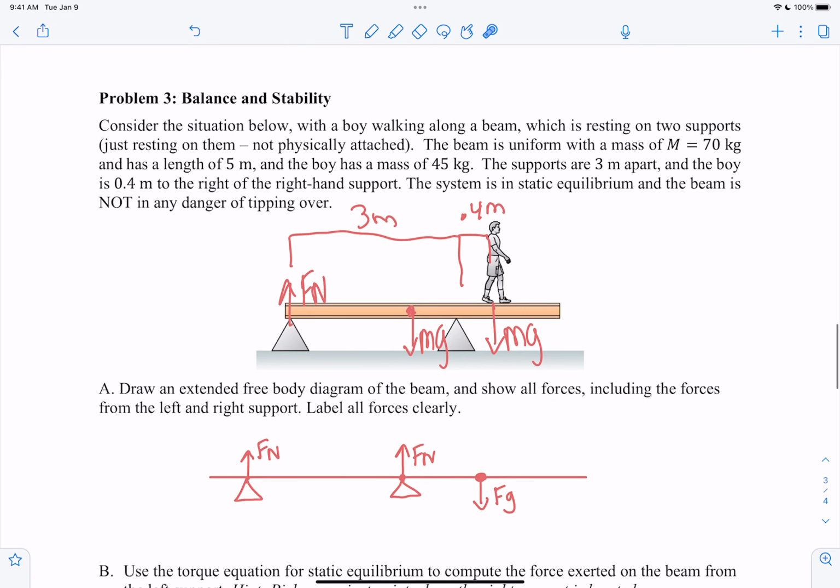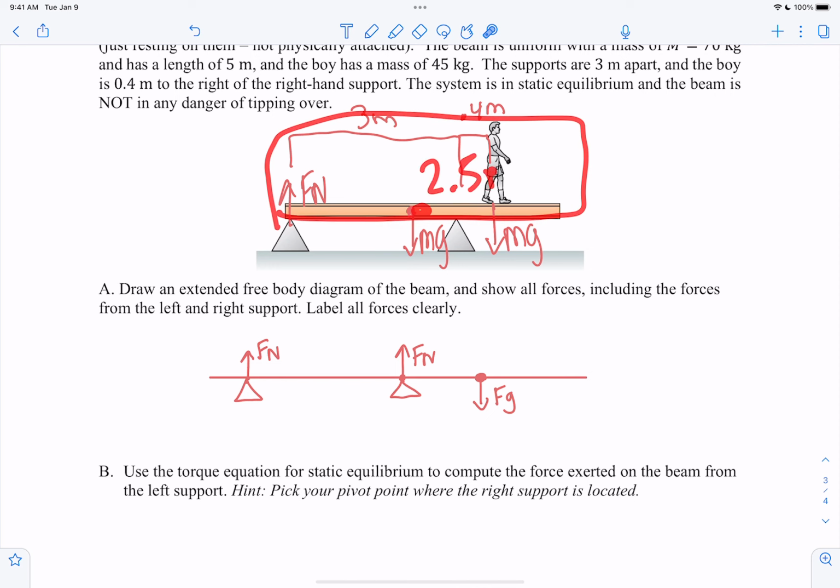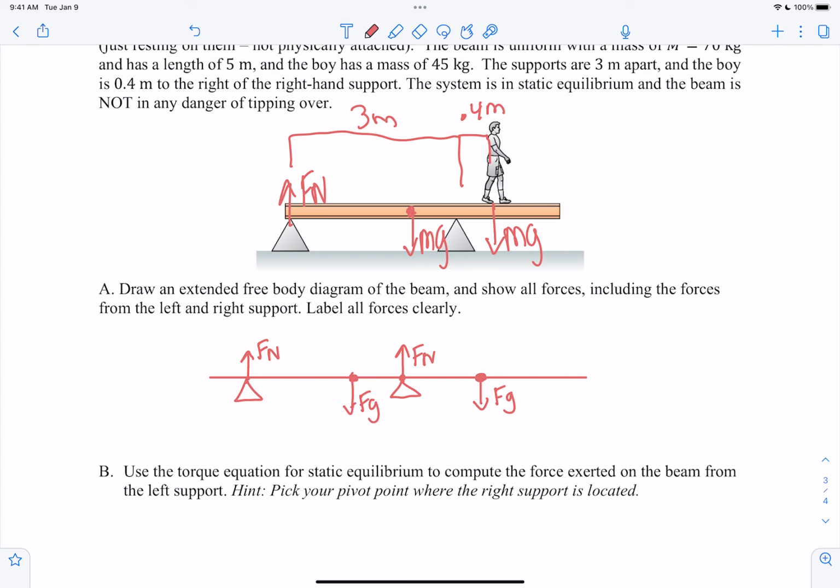Since it's a uniform beam, the force of gravity acts from the center of mass, which is smack dab in the middle. This whole thing is 5 meters, so the center of mass is 2.5 meters away. Here's the force of gravity directed downwards.